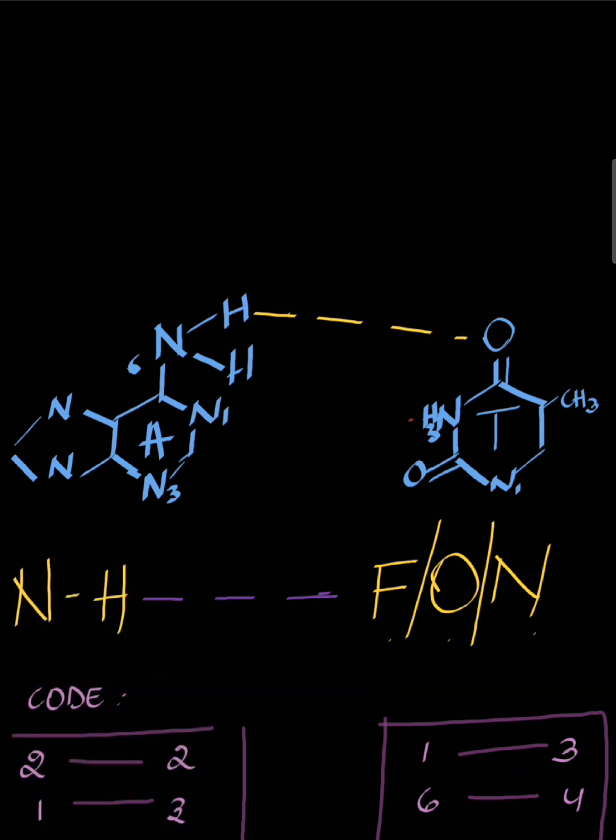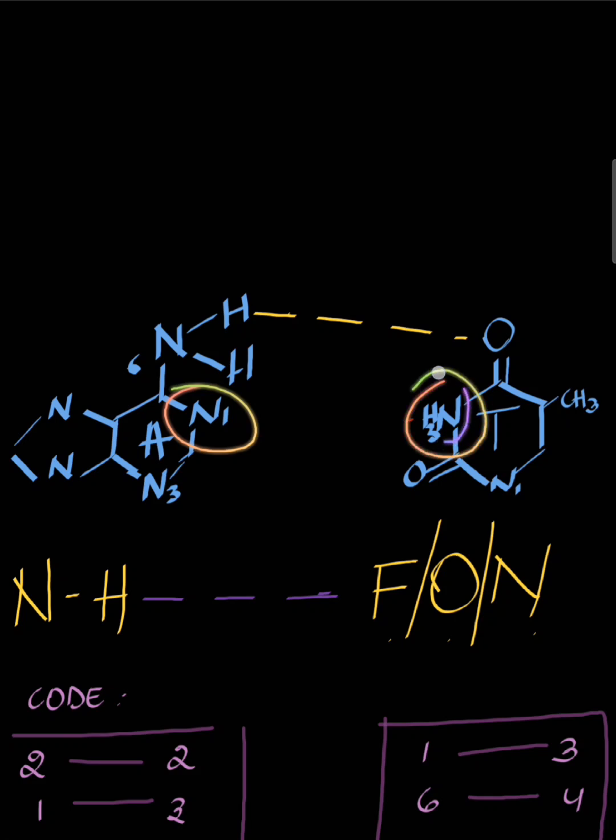Yes, there is a possibility. Now when we talk about this nitrogen and this nitrogen which is attached to another hydrogen, there is also a possibility of the formation of a hydrogen bond. So I'm talking about N1 and N3.